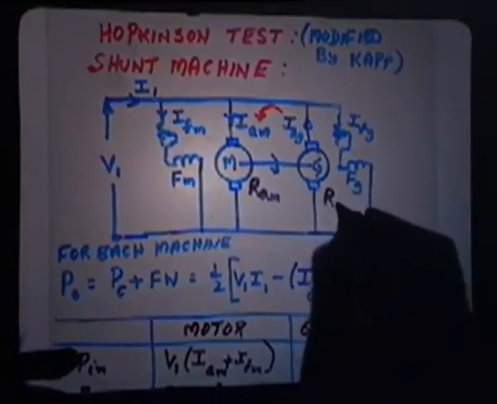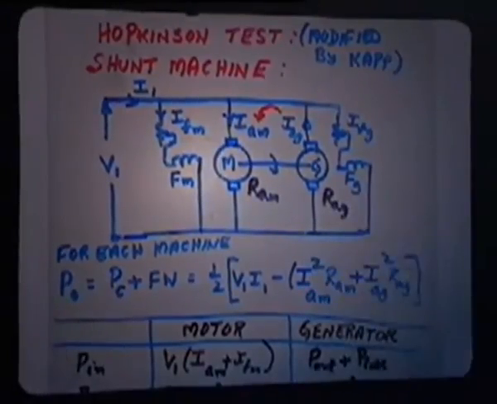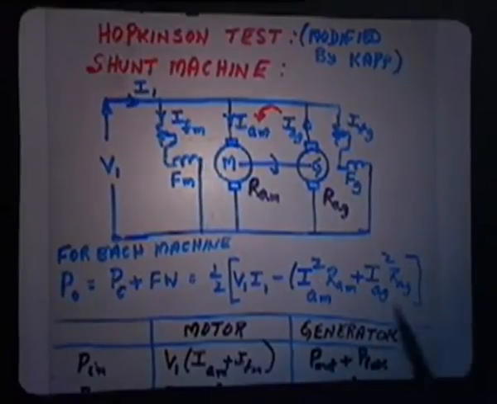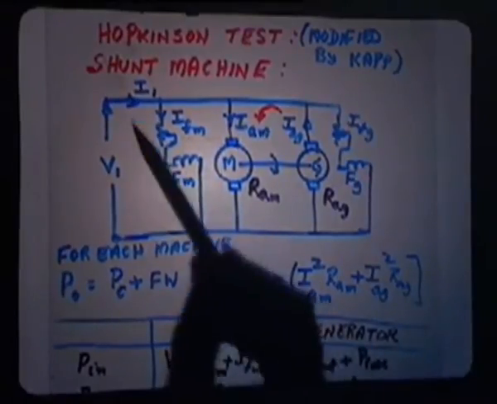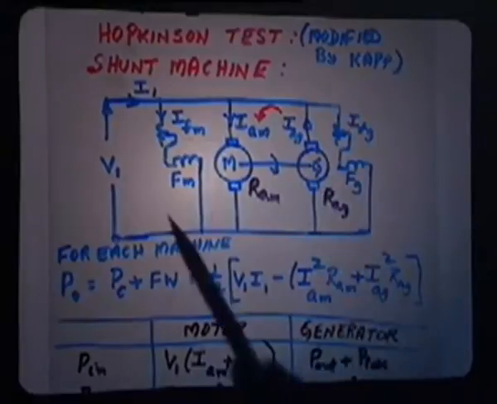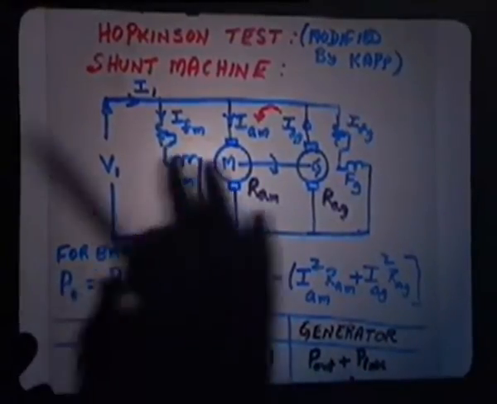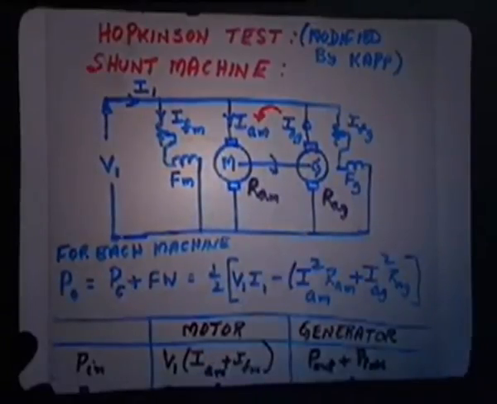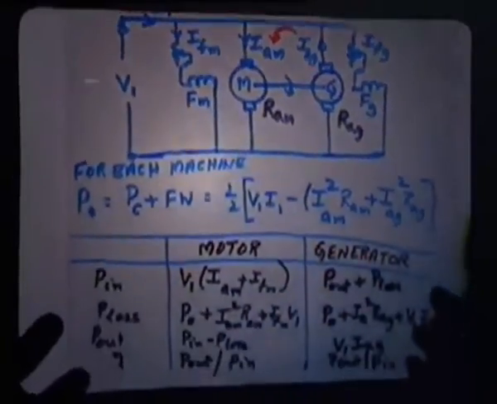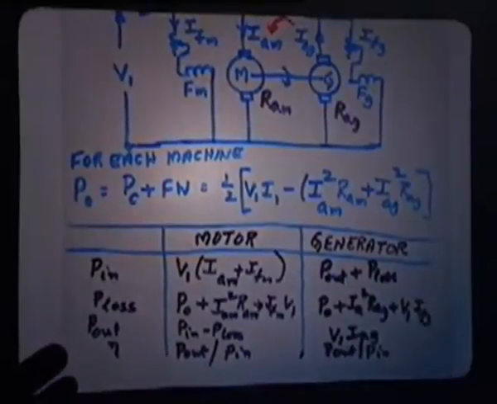For the motor, RAG is the resistance of the generator, and this loss has to be subtracted from here. That will be the fixed loss which is given here. So from this, if you conduct these tests at the required current, we can calculate the efficiencies like this.